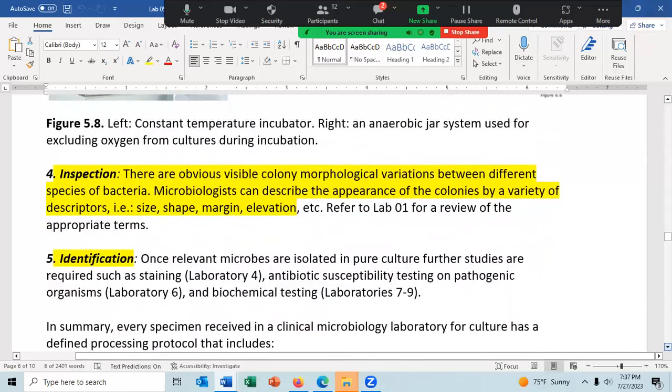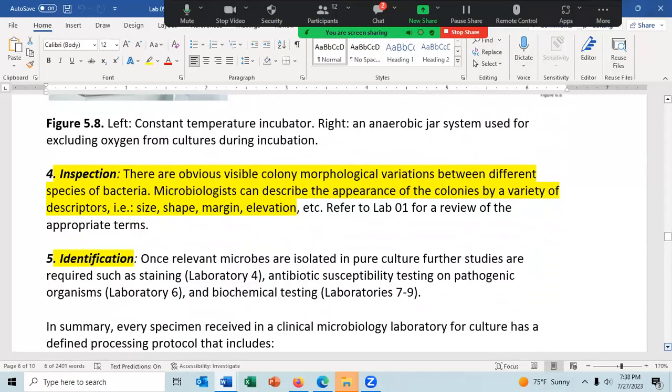You then inspect the cultures for visible colonies. You can look at the different colony morphological appearances to distinguish certain species of bacteria. You can describe the appearance of the colonies by their size, their margin, their shape, their elevation.